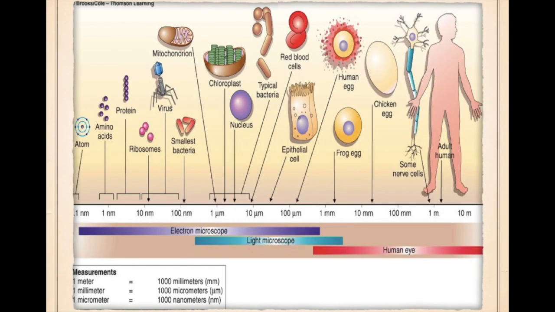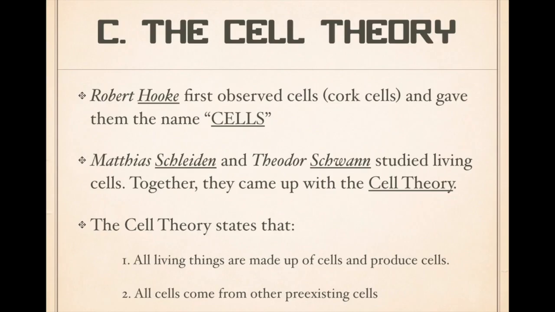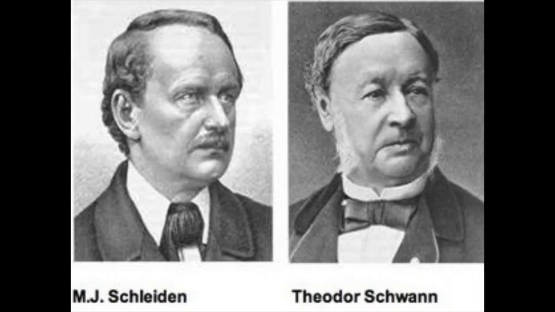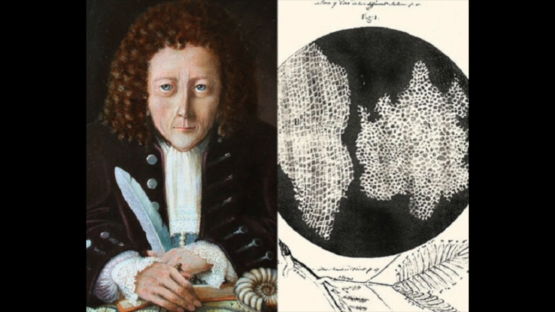And we already talked about the cell theory. The cell theory starts off with the ideas of Schleiden and Schwann, who came up with this cell theory and used the knowledge of other scientists such as Robert Hooke, who first observed cells, specifically cork cells, from the bark of trees, the cork cambium.